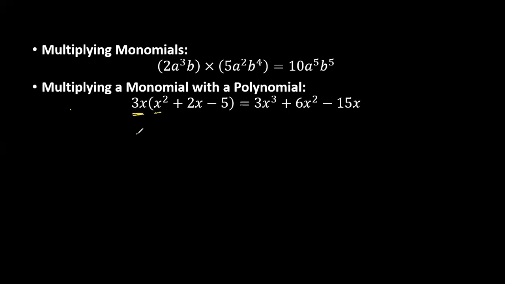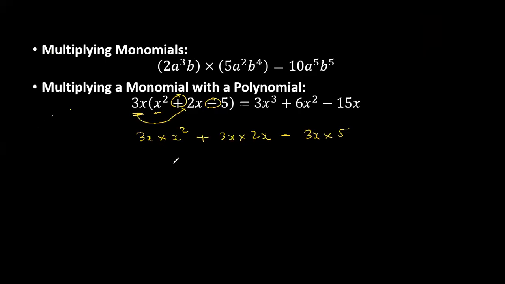So let's try doing it. 3x times x square. Take the sign which is in the center. 3x times 2x. Take the sign which is in the center over here. 3x times 5. Let's solve it now.